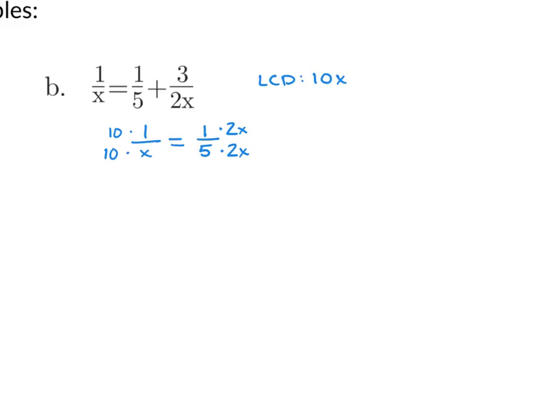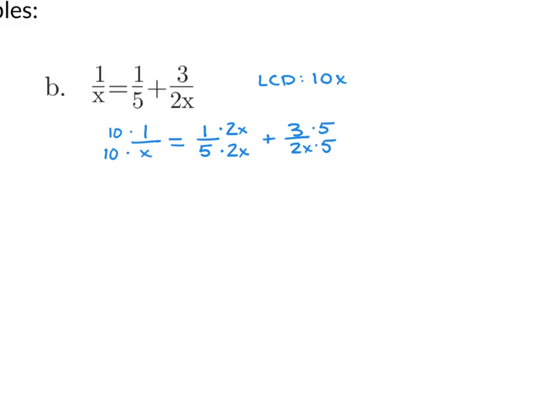We will do the same thing to the top. And for our last fraction, in order to get from 2x to 10x, we're going to multiply by 5 to the top and bottom.